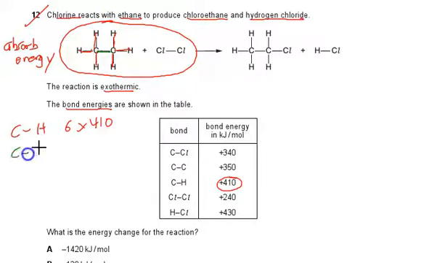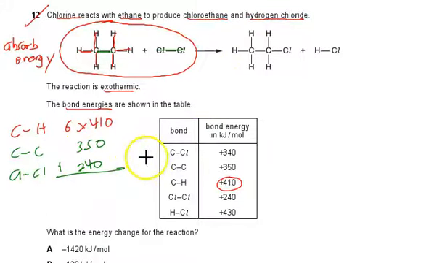Carbon to carbon, we have only 1, which is 350. Chlorine and chlorine, we have 240. Now we add on all the values over here. So I'm getting about 3060.